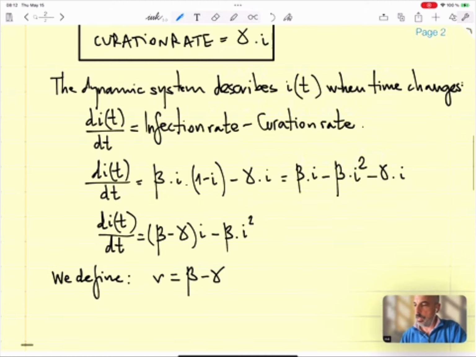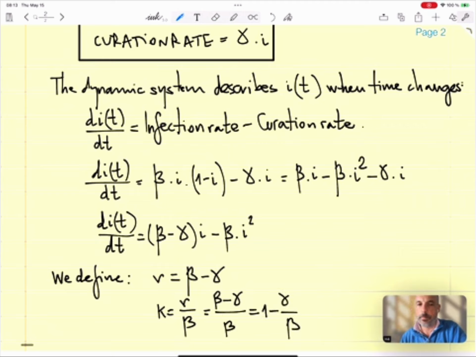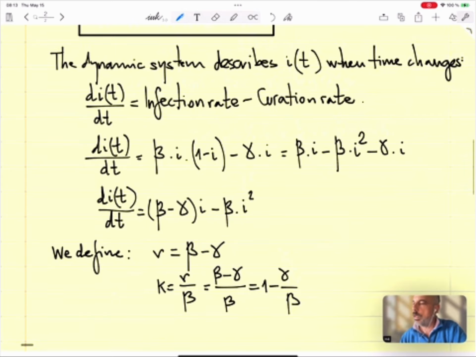And we say that K equals R divided by beta, which equals beta minus gamma divided by beta, which equals 1 minus gamma divided by beta. This is equal to say that beta equals R divided by K, by the way. This is just a definition, okay?